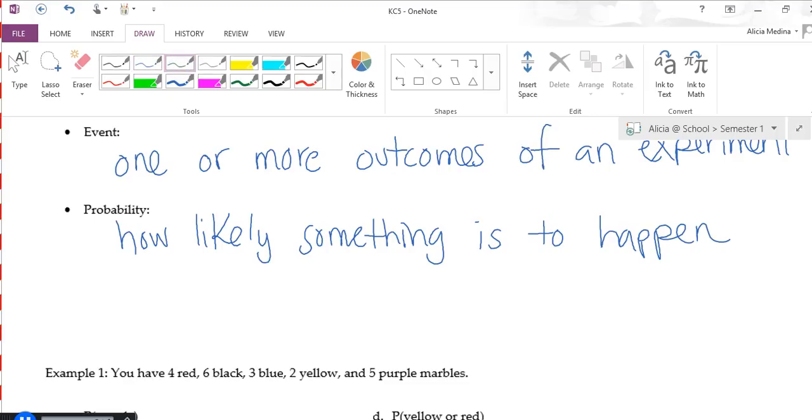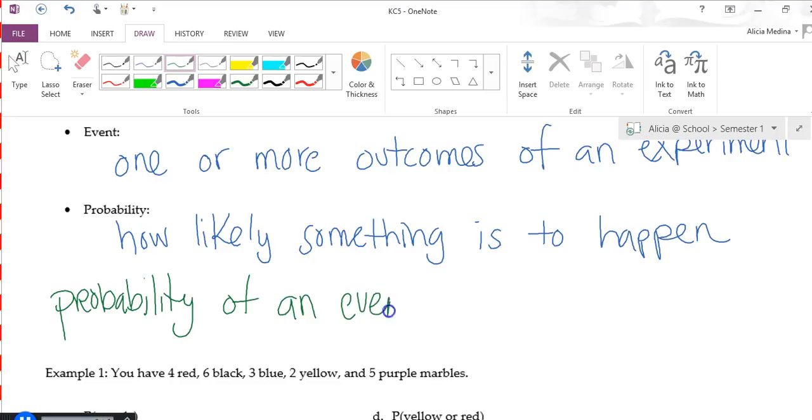So think of the probability of an event.